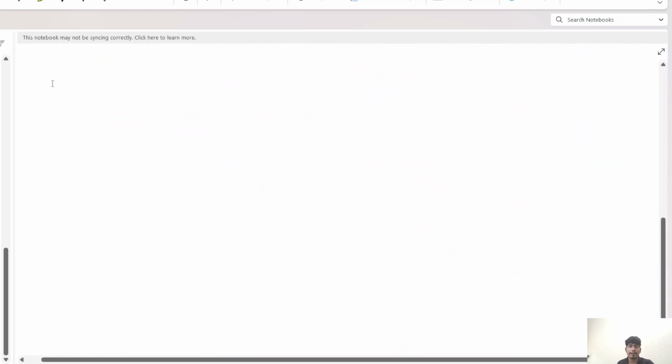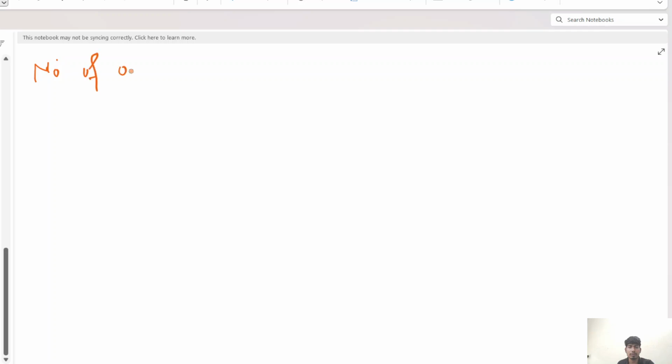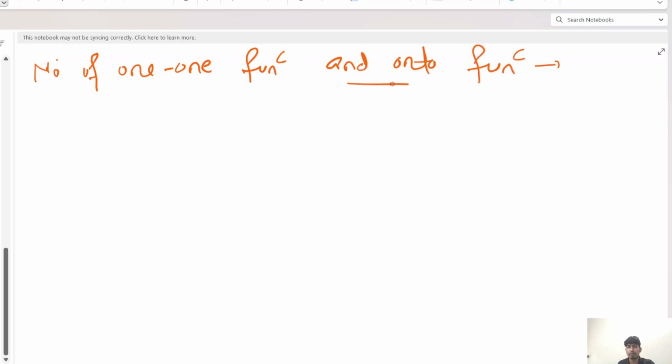we saw the number of functions; now one-one function and onto function. Let there be functions from x to y, with cardinality of x being m and cardinality of y being n.